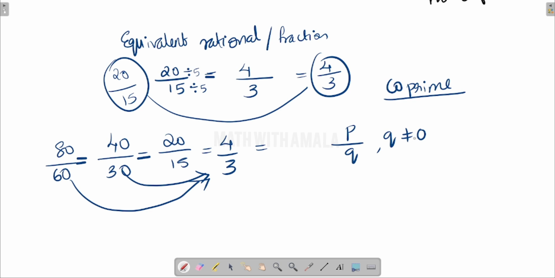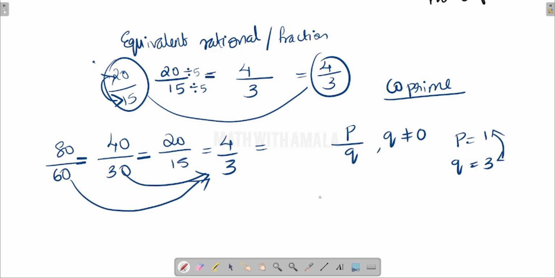If we take some numbers like p equal to 1, q equal to 3, is there any common factor between them? Nothing. But when we took 20 and 15, they had a common factor 5. Here we have the common factor 1 only. Only 1 is the common factor for 1 and 3. Nothing else is there. So you can say they are coprime.